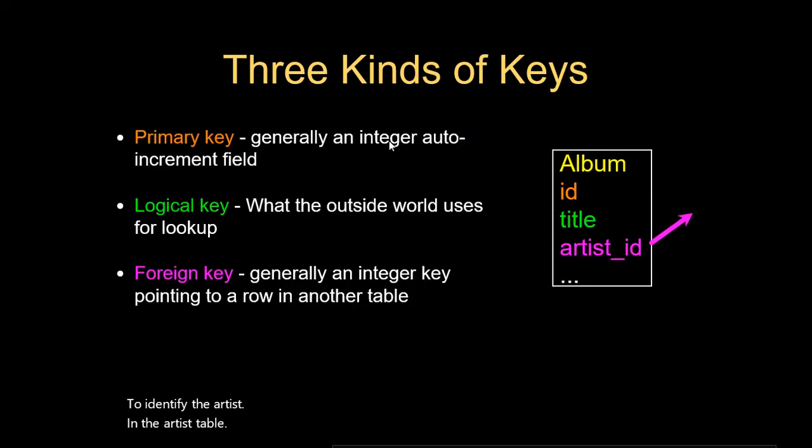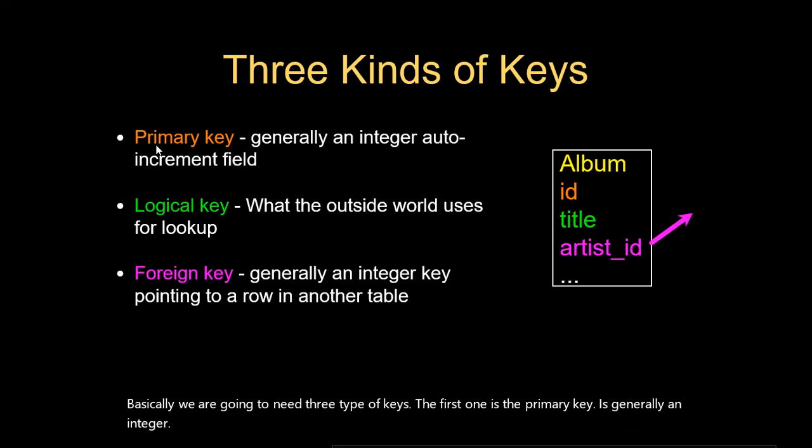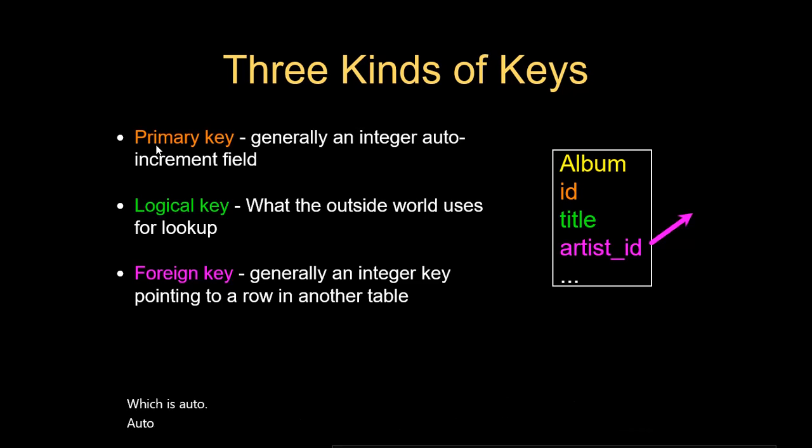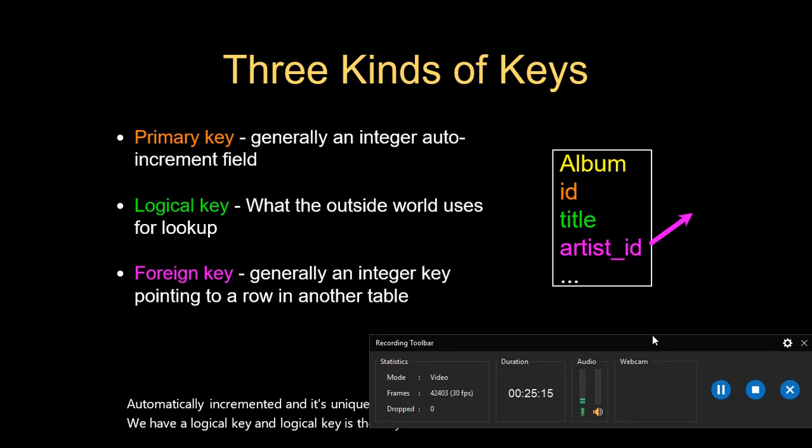Okay, so basically we are gonna need three types of keys. The first one is the primary key, which is generally an integer that is automatically incremented, and it's unique in each table. We have a logical key, which is the way that we present that key to the outside world.